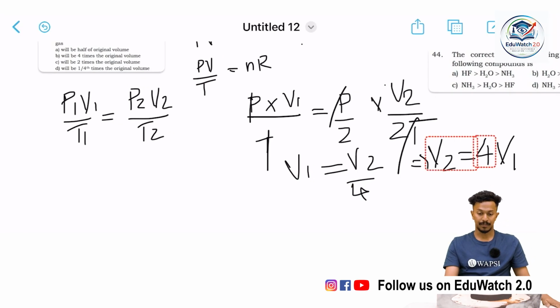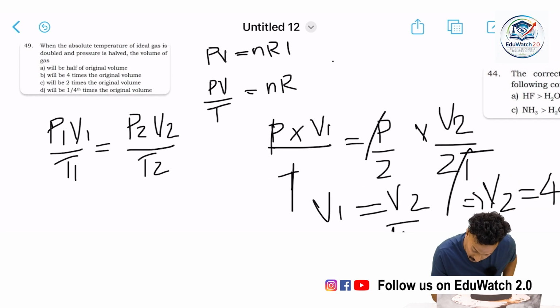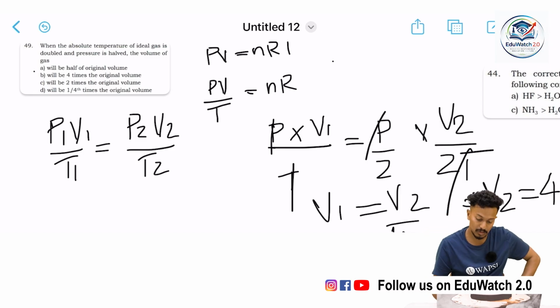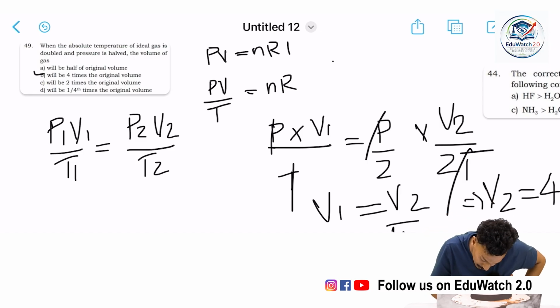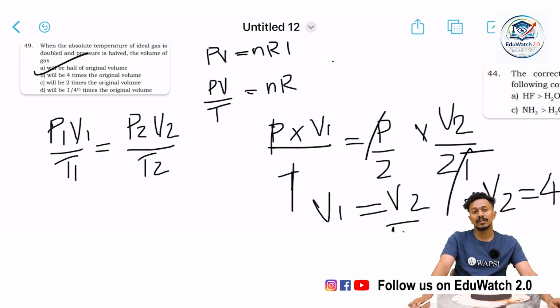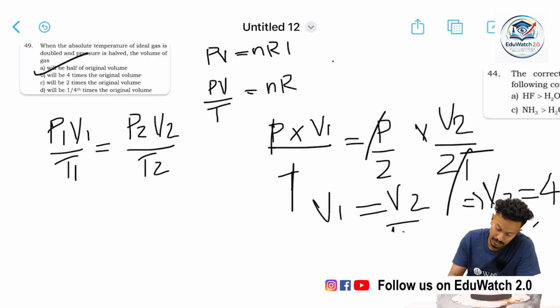So the correct option would be volume is 4 times that of original volume. The 49th question's answer is option B. Okay, moving on to the next question.